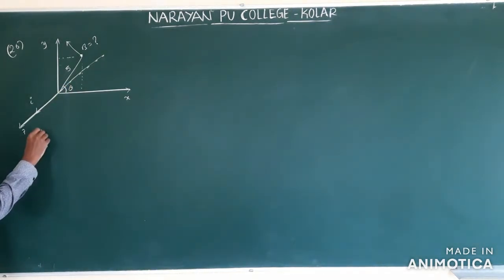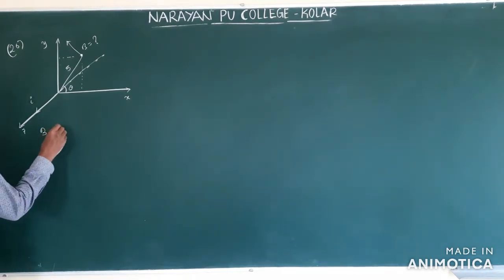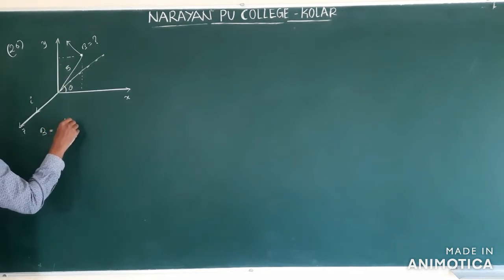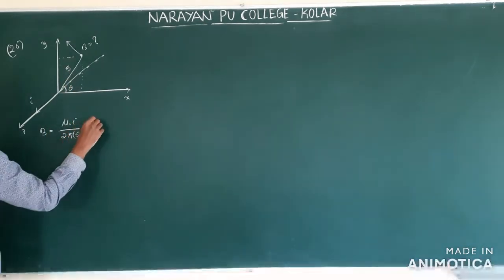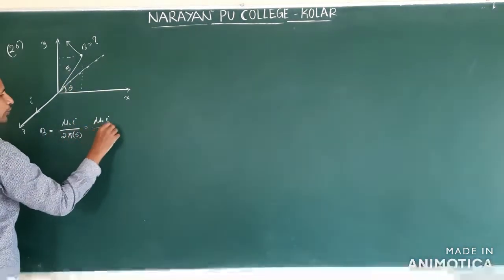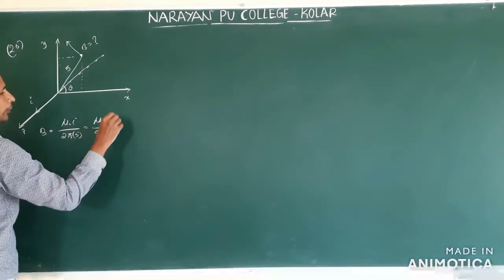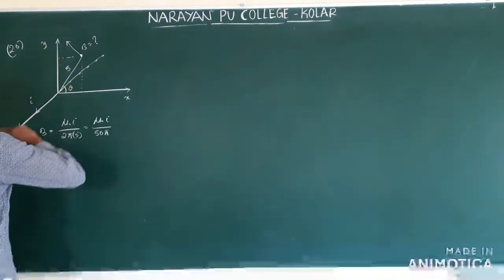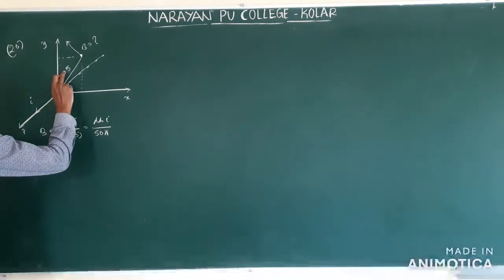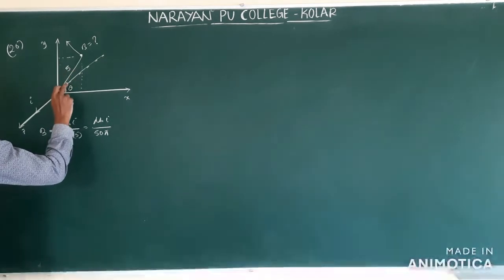Then B is equal to, for a straight infinite conductor at a point, mu naught I by 2 pi d. D is what distance? 5. So this is equal to mu naught I by 10 pi. This is the magnitude. Here we need to find the vector for this position, for the given coordinate.